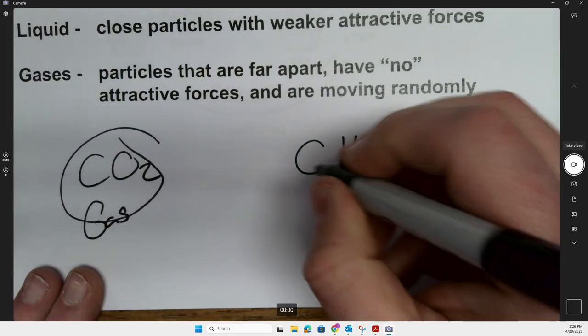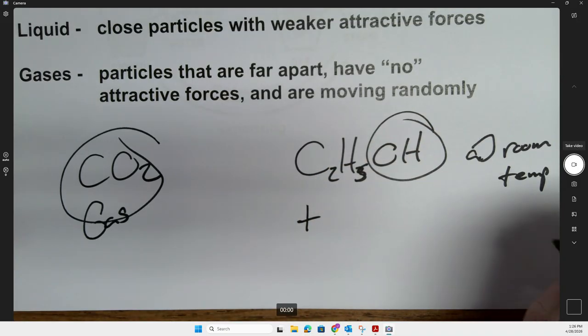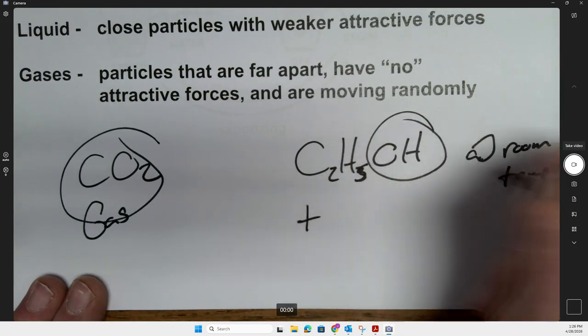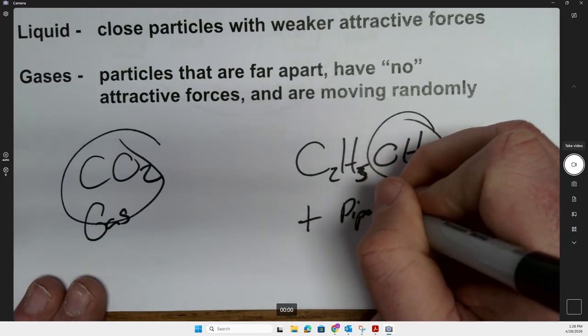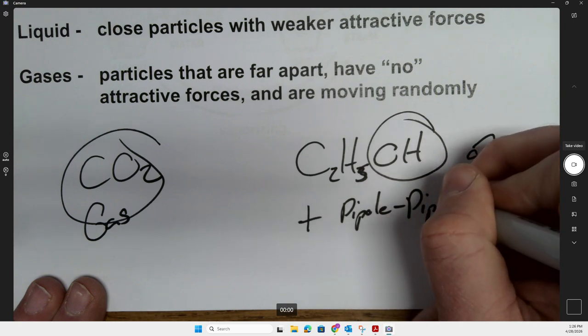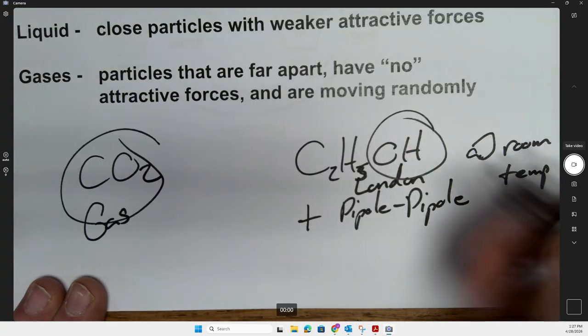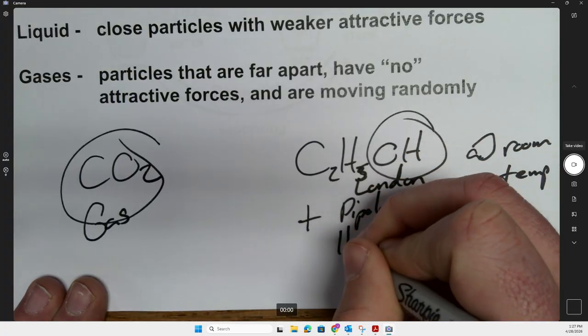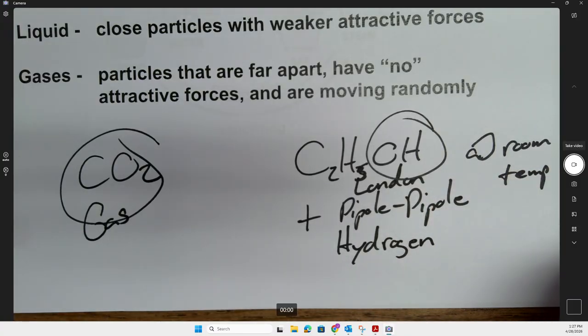Because of that OH group, my good buddy ethanol is a polar molecule. So that means that it has several interactions going on. It's doing dipole-dipole. It's doing London. It's also doing, because that's an OH, hydrogen bonding.